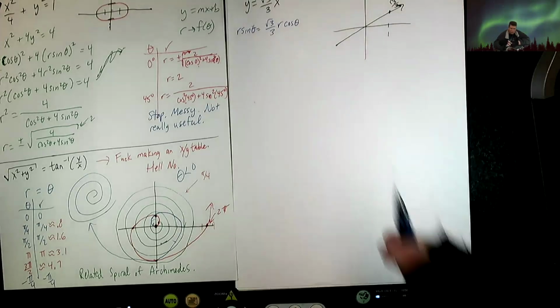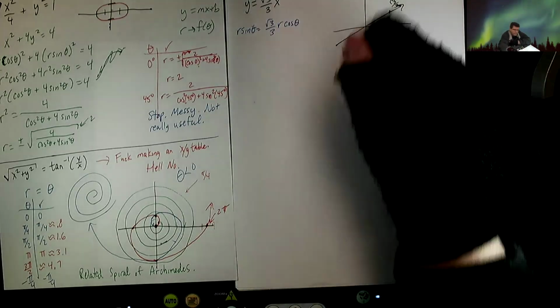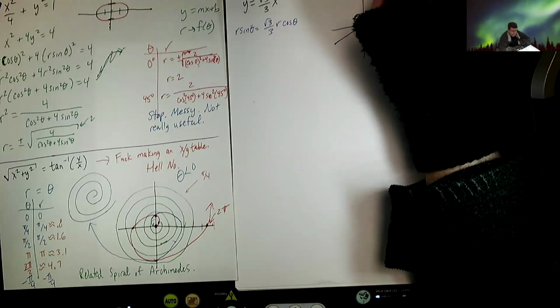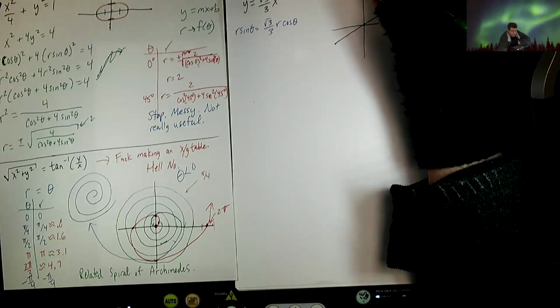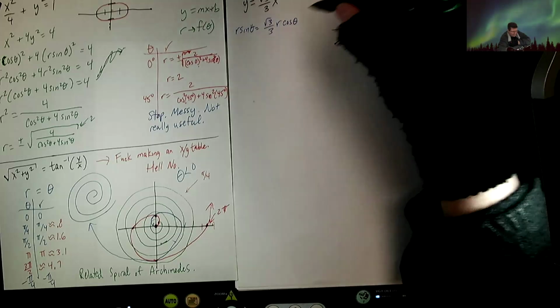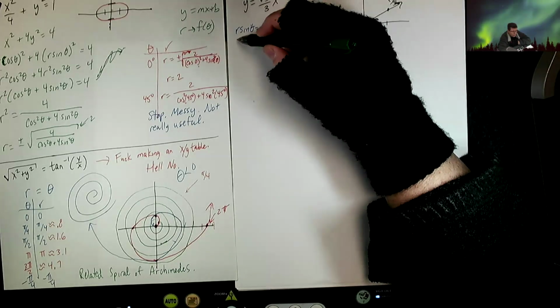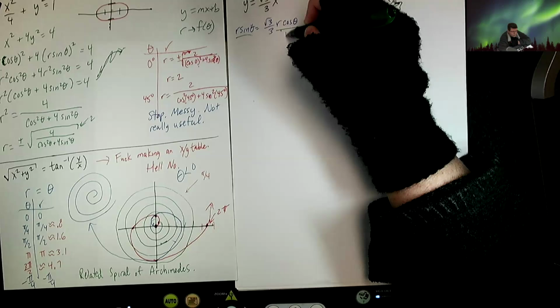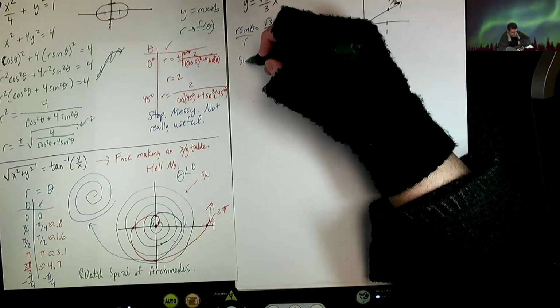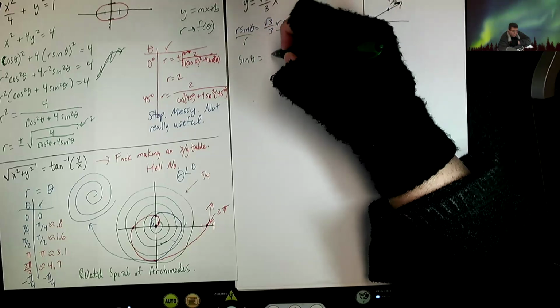And although r can equal 0 here, clearly it does, I'm going to ignore that fact and still divide by r, just to show that it's not really necessary in what we're getting here.